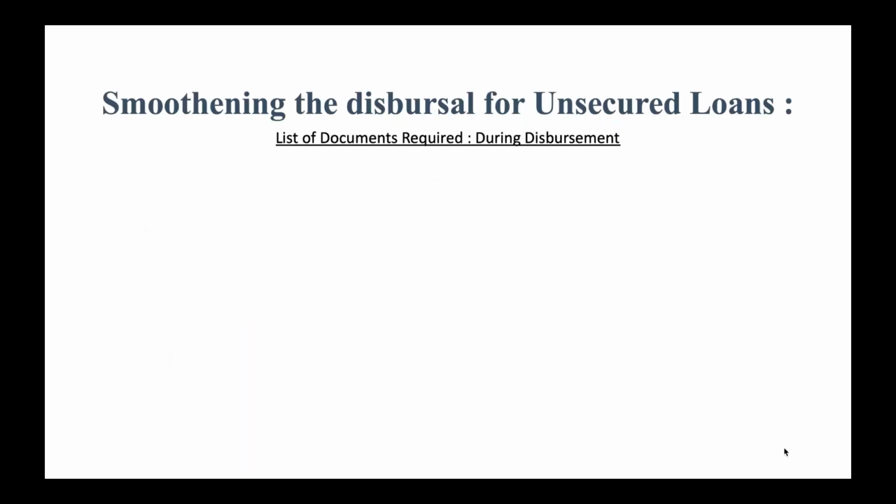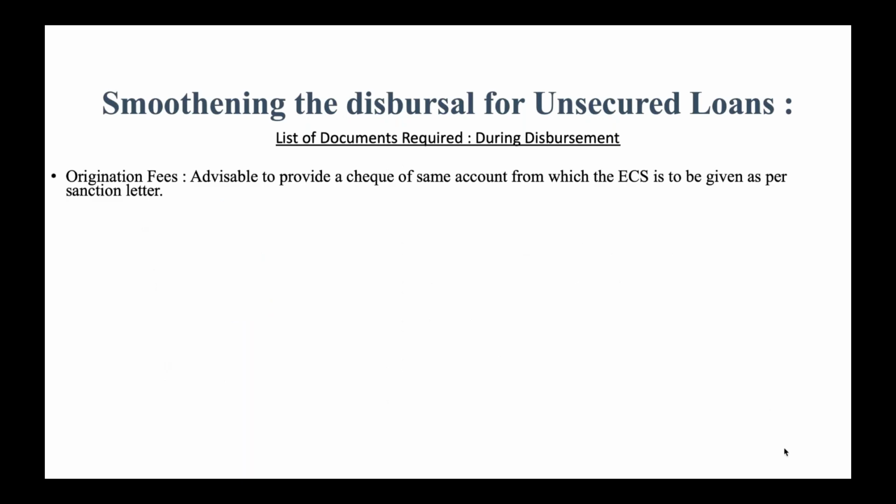Now let's talk about unsecured loans. The only difference probably would be that you would not have secured documentation, so I'll run through this fast. A few additional things: number one is the origination fee, which means the processing fee. The difference between secured and unsecured is that in most secured loans, banks charge you an upfront fee of, say, 10,000 rupees at the time of starting the process.